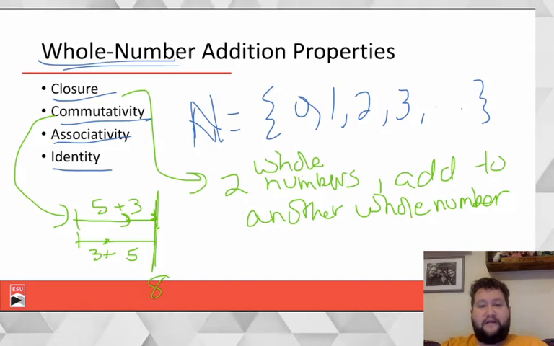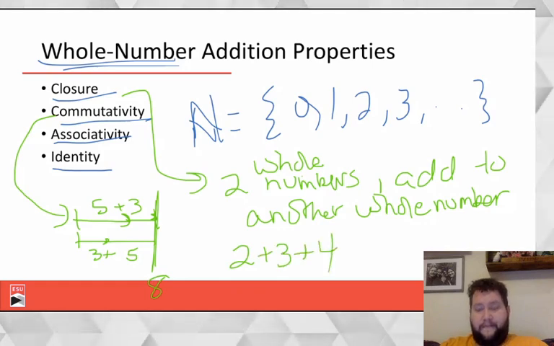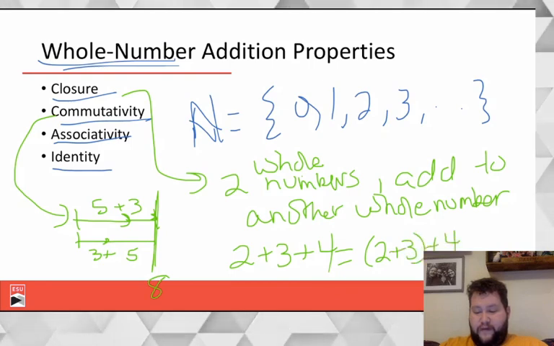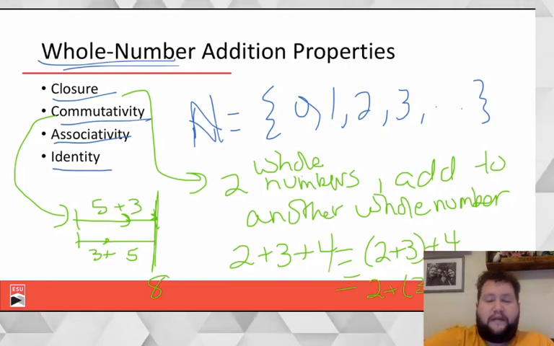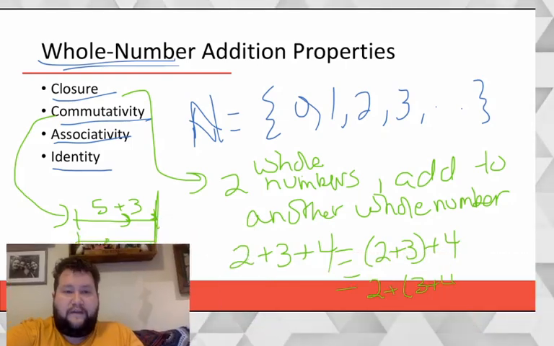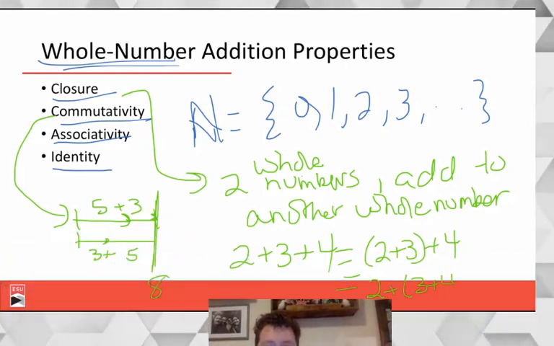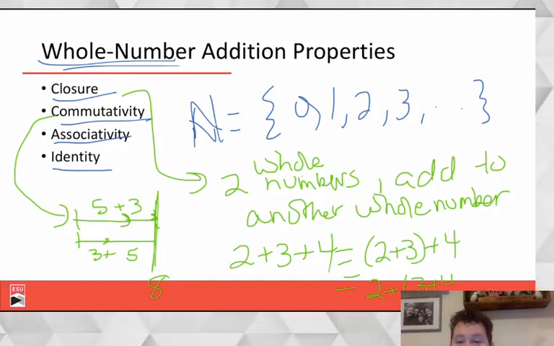Associativity means if you have 2 plus 3 plus 4, well, that's the same as 2 plus 3, plus 4, or 2 plus, 3 plus 4.